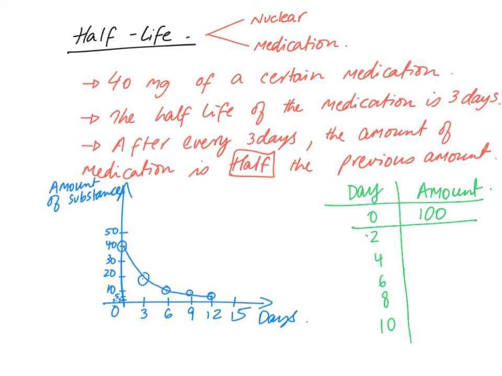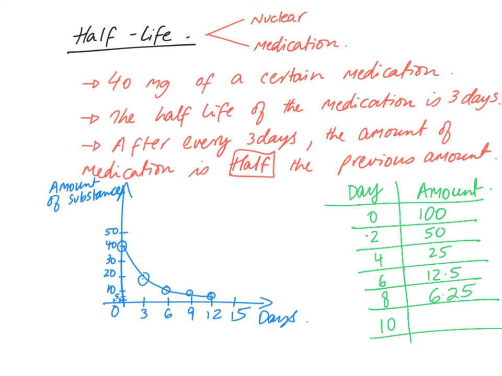So from 100 you'll go to 50, then you'll go to 25, then 12.5, then 6.25, and then 3.125, right? So your calculator can get you these values. Just keep dividing by 2 for the amount.